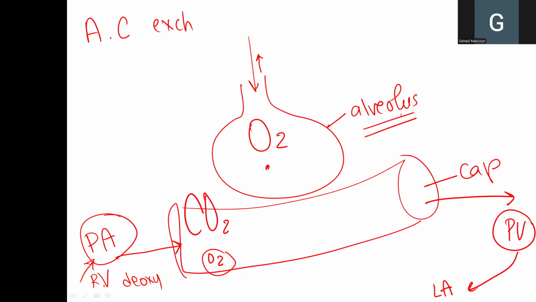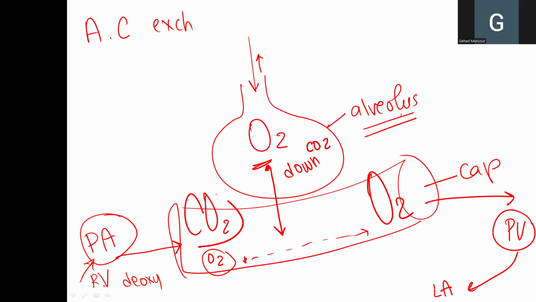So oxygen will diffuse from where it is in a higher concentration to where it is in a low concentration, down concentration gradient. So gradually, the amount of oxygen increases at the other side of the capillary. Meanwhile, we had a small amount of carbon dioxide here, but we had a large amount of carbon dioxide at the beginning. So carbon dioxide will diffuse the reverse way from the side where it is in a higher concentration to the side where it is in a lower concentration.